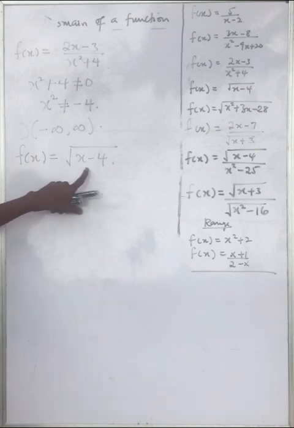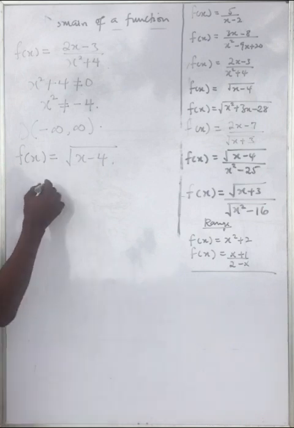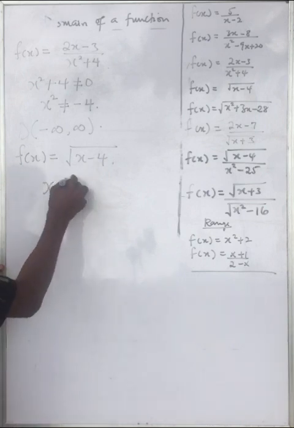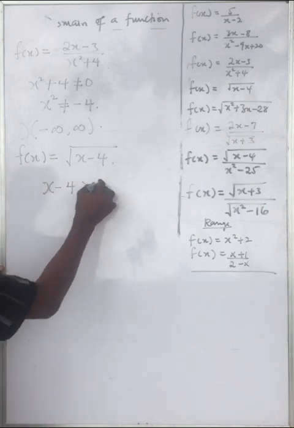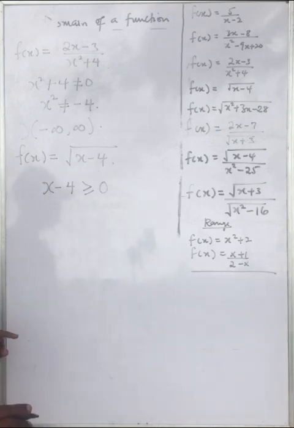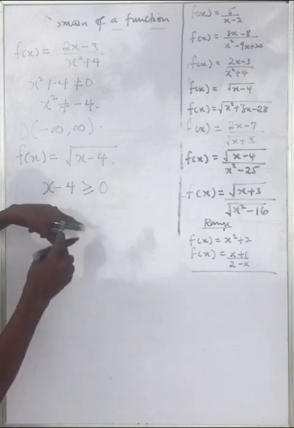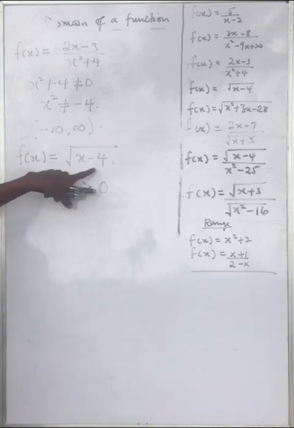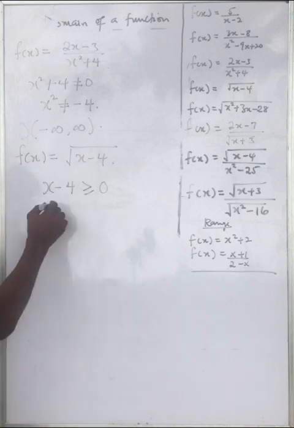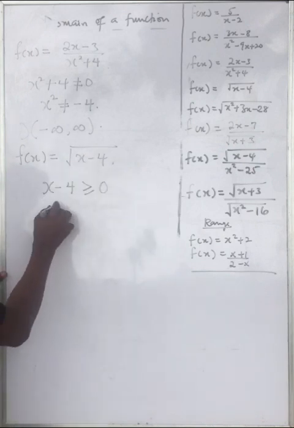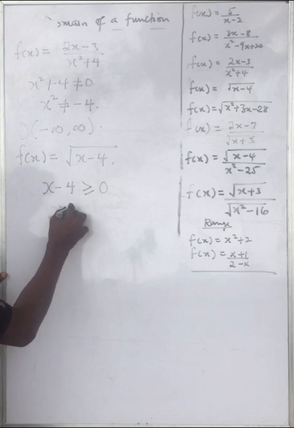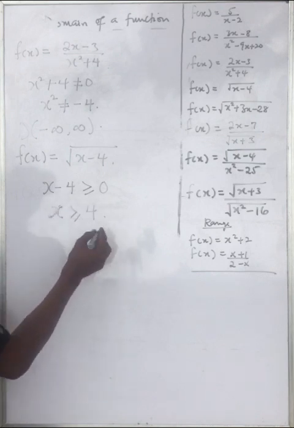And in order for us not to get a complex number, the value of x minus 4 must be greater or equal to 0. Yes, that's the concept. Once you obtain a number that is greater or equal to 0 in the root form, then automatically this value will not give you complex. And so let's obtain x, so that x would be greater or equal to 4.